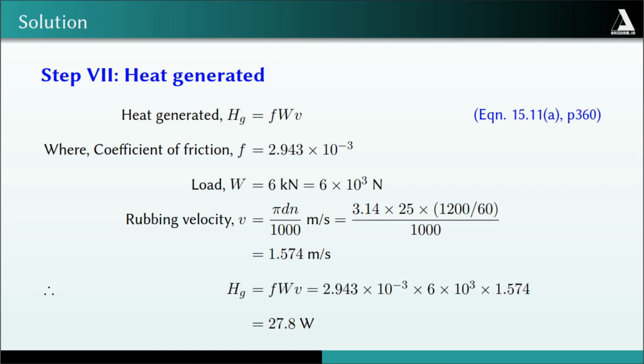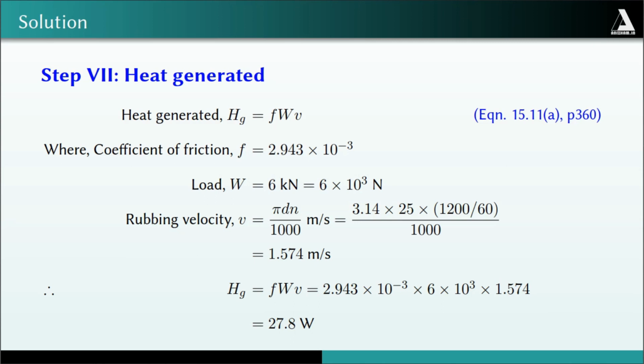In the next step, we determine the heat generated. The equation for heat generated Hg equal to FWV is given as equation 15.11a in page number 360. Here, F is the coefficient of friction, which we obtained as 2.943 into 10 raised to minus 3, and W is the load, that is 6 kilonewton, that is 6 into 10 raised to 3 Newton, and V is the rubbing velocity, that is 5 dN by 1000 meters per second.